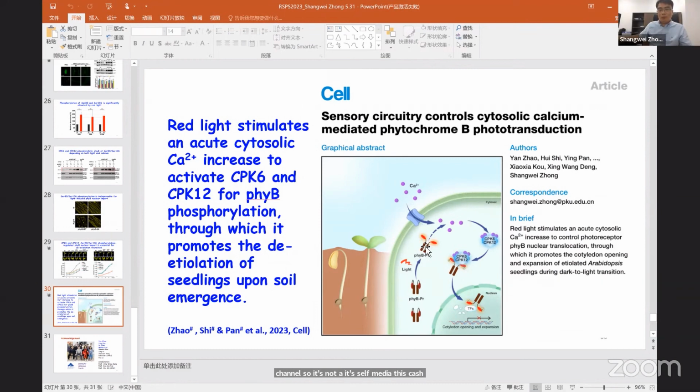So possibly PhyB can interact with some ion channels, or directly or indirectly regulate the channel activity, and so regulate the calcium increase. This calcium is from outside of the cell, not from inside the cell. We haven't identified which channel it is, but the specificity is controlled by PhyB itself.